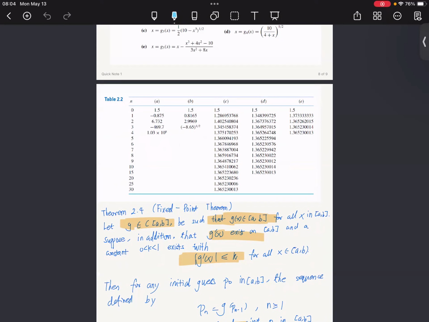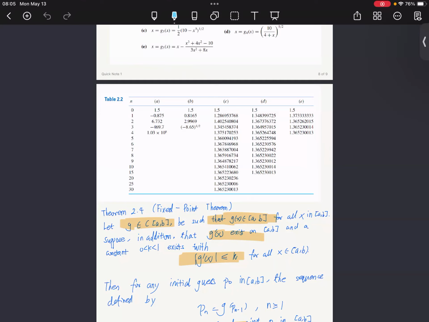For C, D, and E, it works, and the method converges to a number, which is the root of the equation. For the E expression, we get a very fast convergence result, and it converges to the root of the equation within 4 iterations.